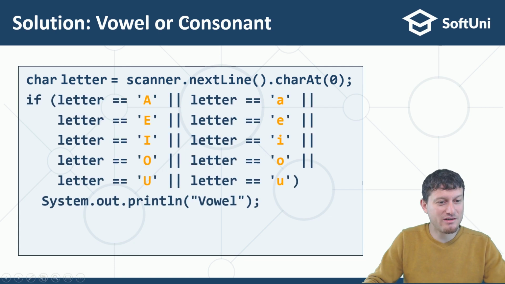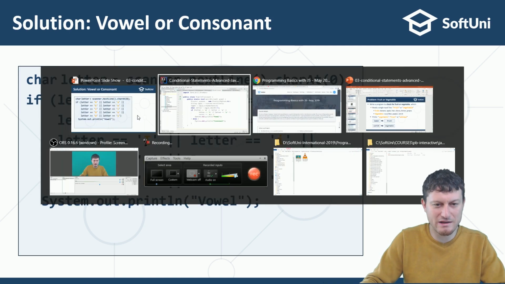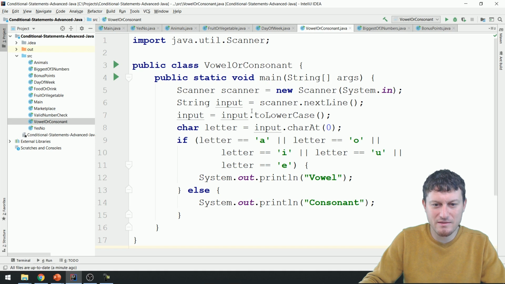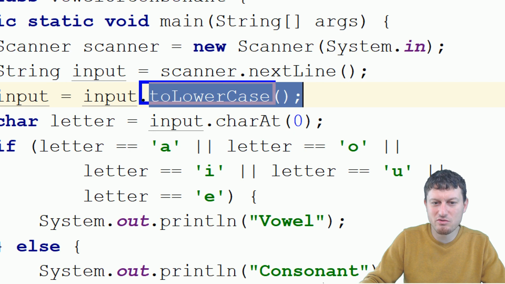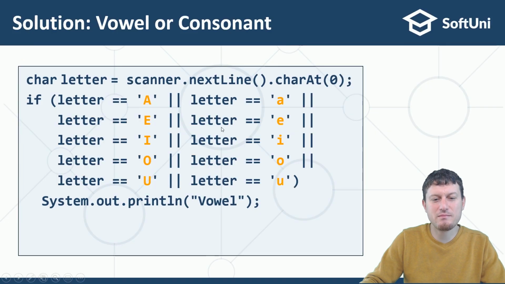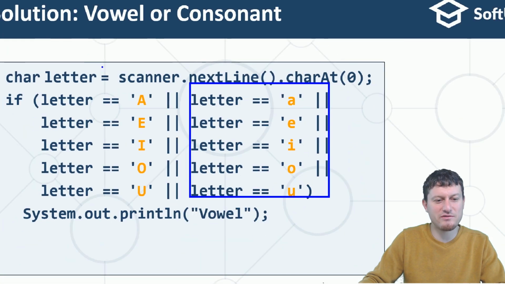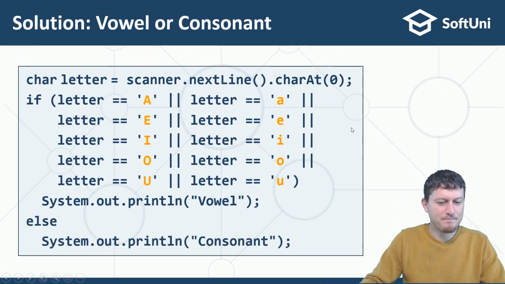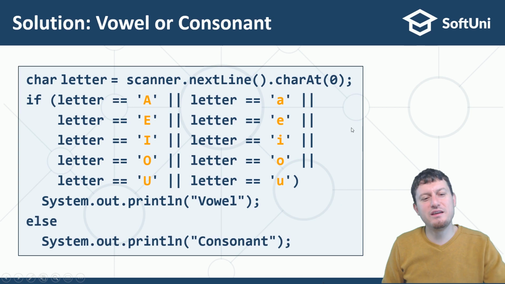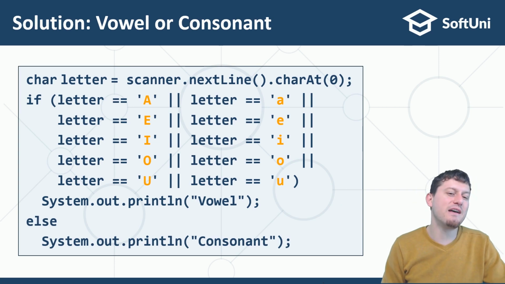So we have the letter, and we can check for vowel or consonant, or we can say dot toLowerCase like we did here, and this toLowerCase will allow us to check just these letters instead of all the letters. Okay, and finally, in all other cases, when we don't have a vowel, we consider the input is consonant.